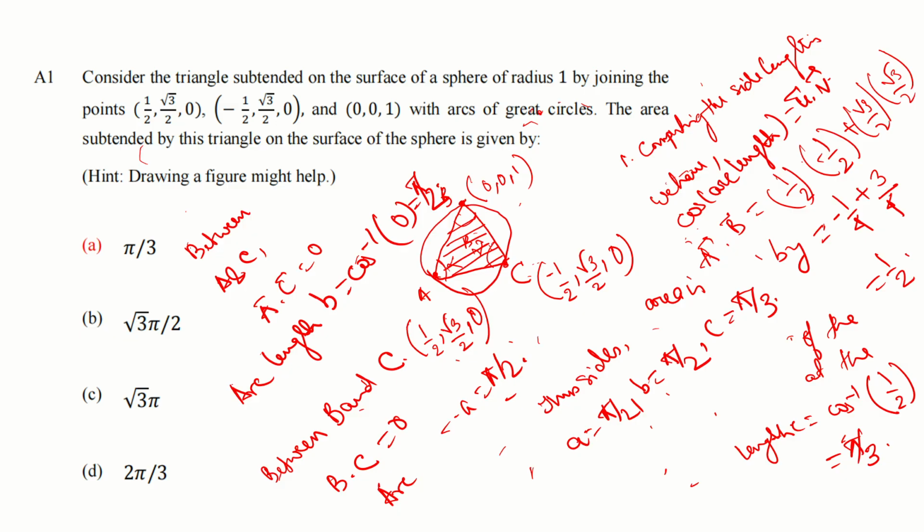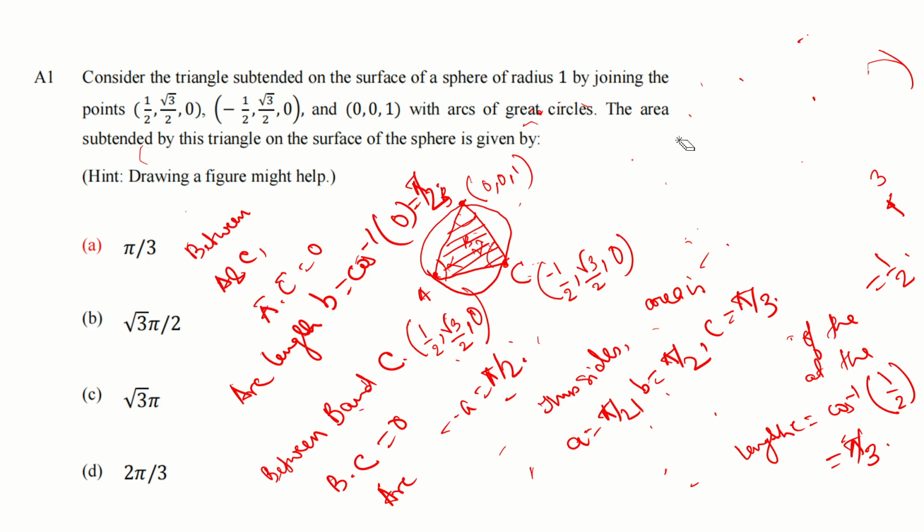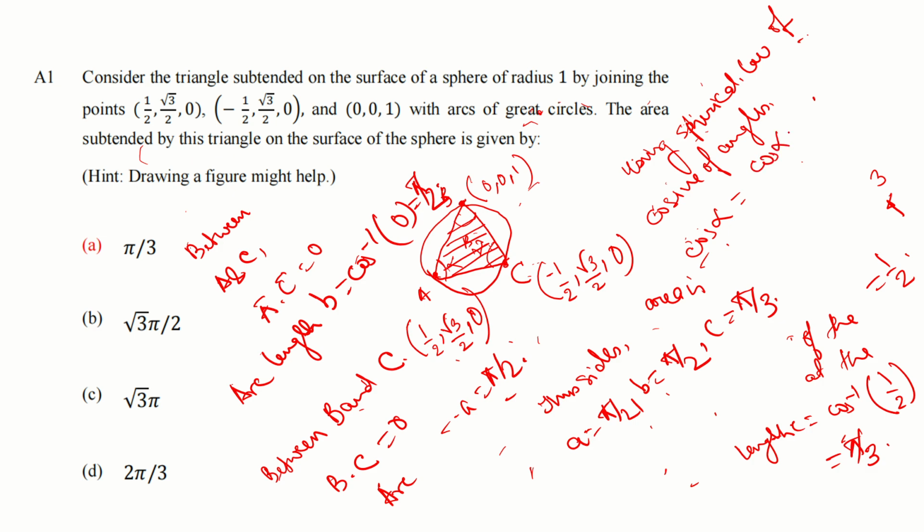So we'll compute the angles using the spherical law of cosines: cos alpha equals cos a minus cos b cos c, divided by sin b into sin c.